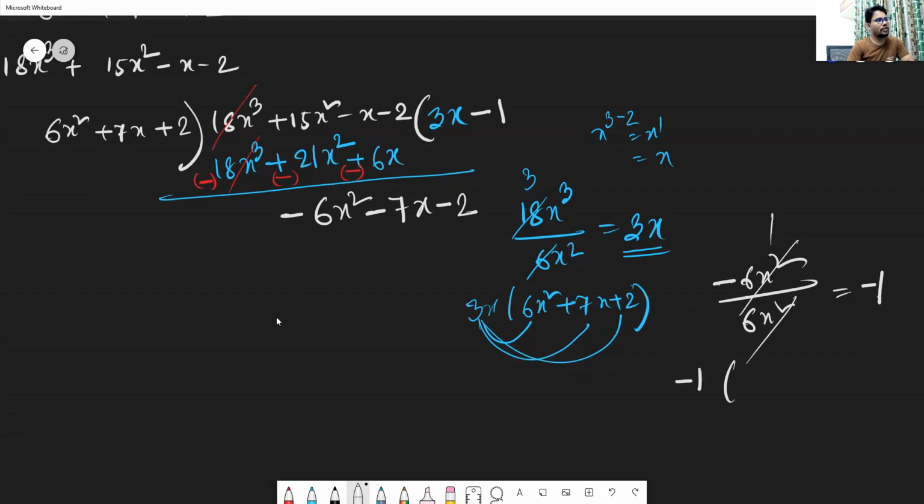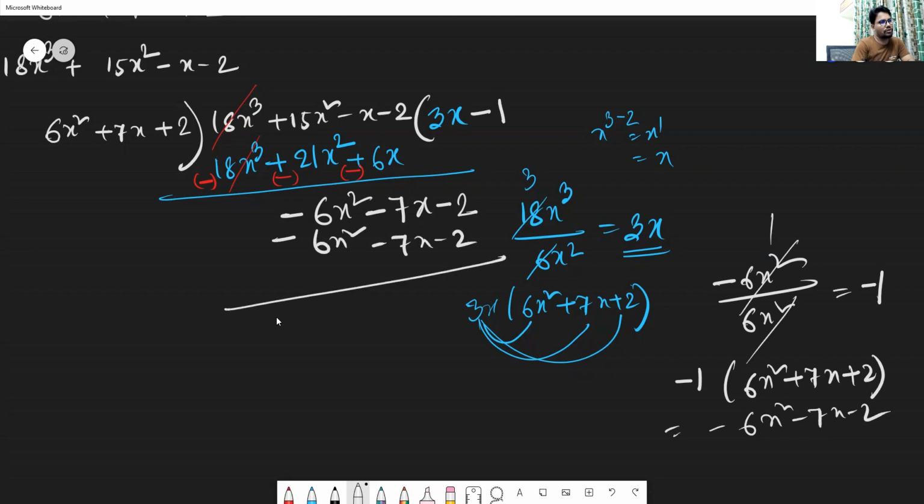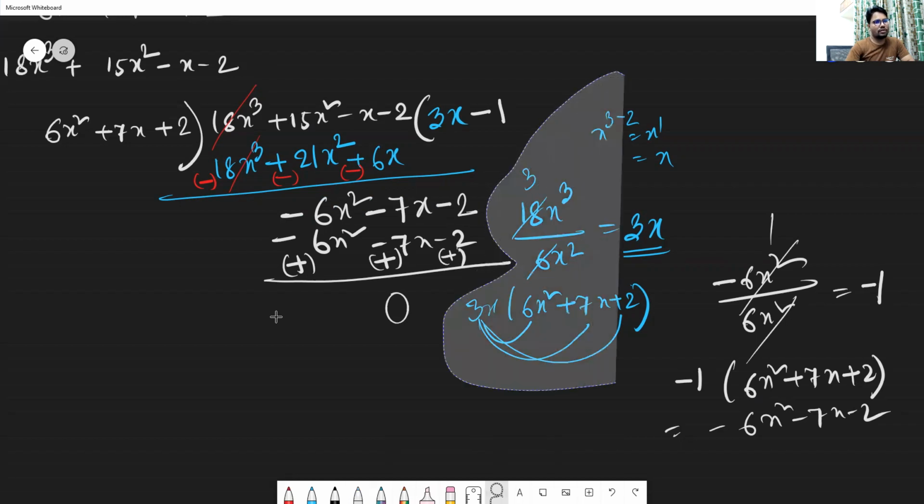Now minus 1 multiplied with the divisor 6x square plus 7x plus 2. So all will be minus: 6x square minus 7x minus 2. Now do the subtraction here. The signs change, and all are the same with opposite sign, so we get 0.